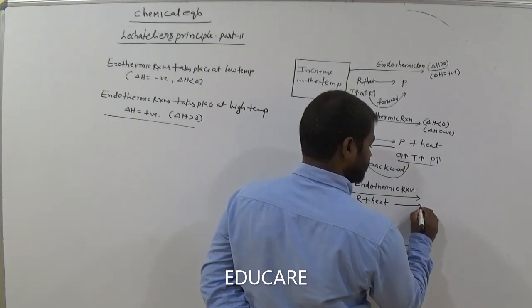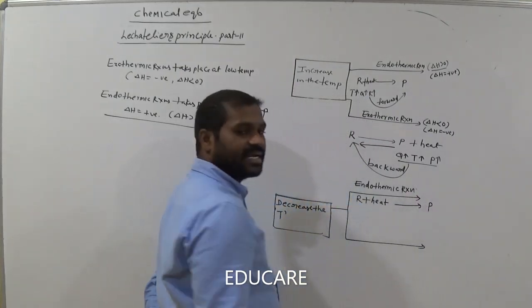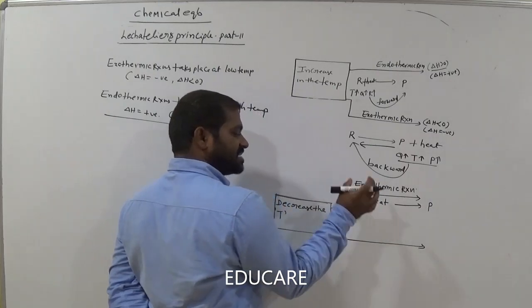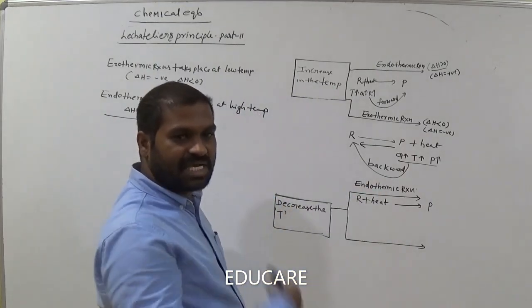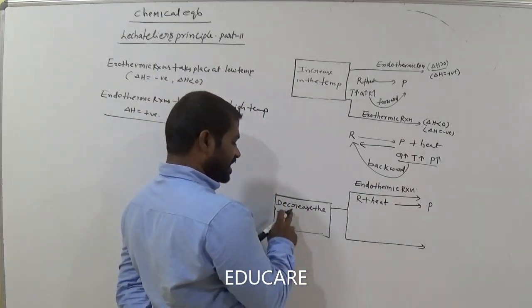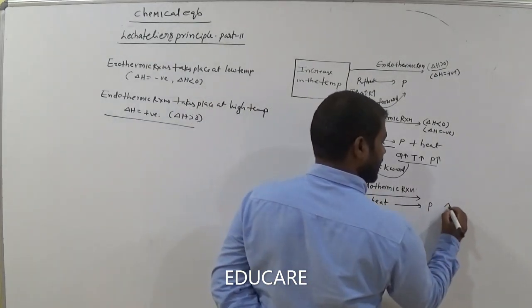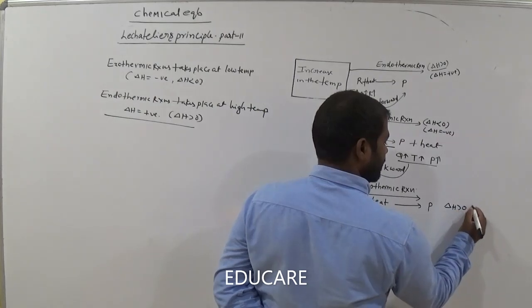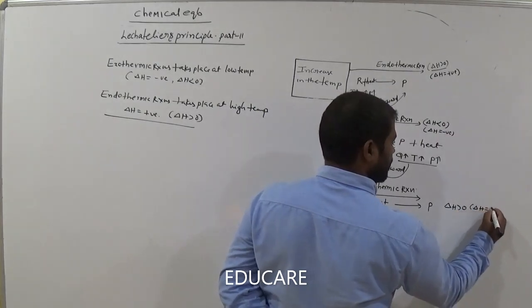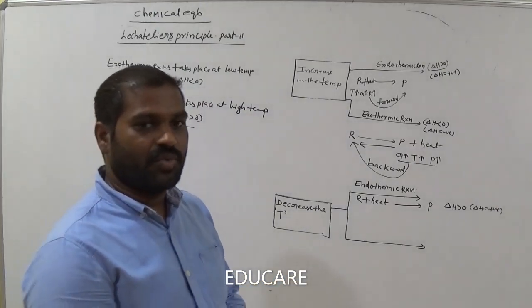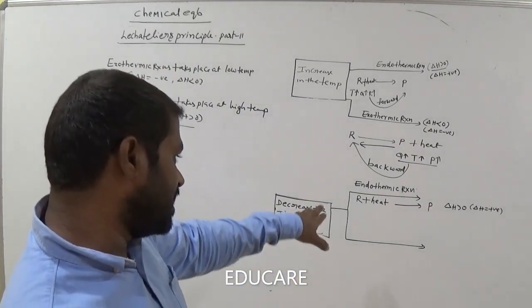This gives rise to product. Endothermic reaction means we add an amount of heat at the reactant side. It absorbs the heat energy. Now decrease the temperature in an endothermic reaction. We just decrease the temperature.